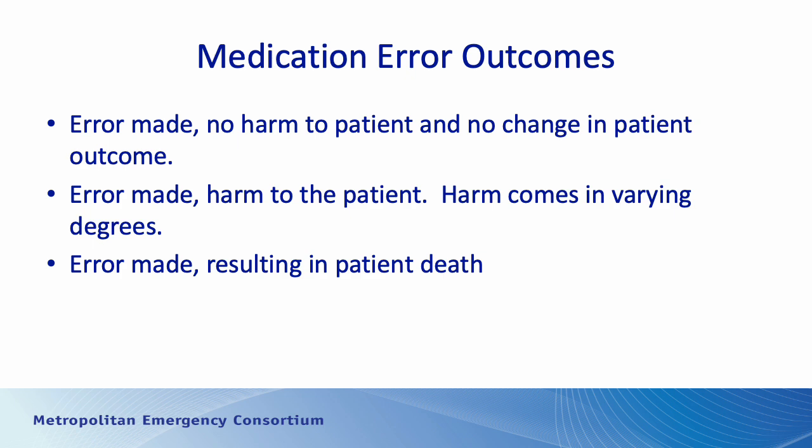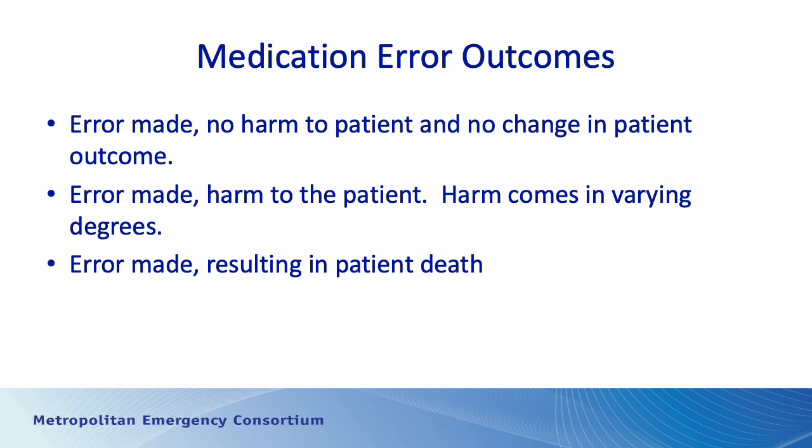But the second possibility is an error is made and there's some harm to the patient. And that harm can come in varying degrees. It can be something minor or inconvenient to something that results in long-term disability. So this middle category is very broad.